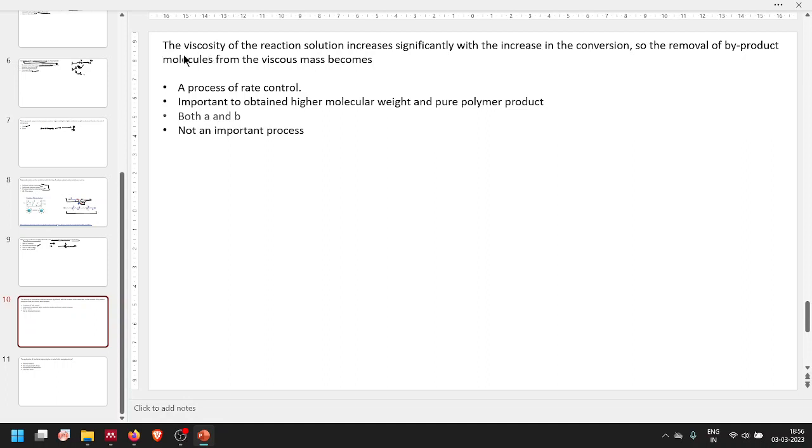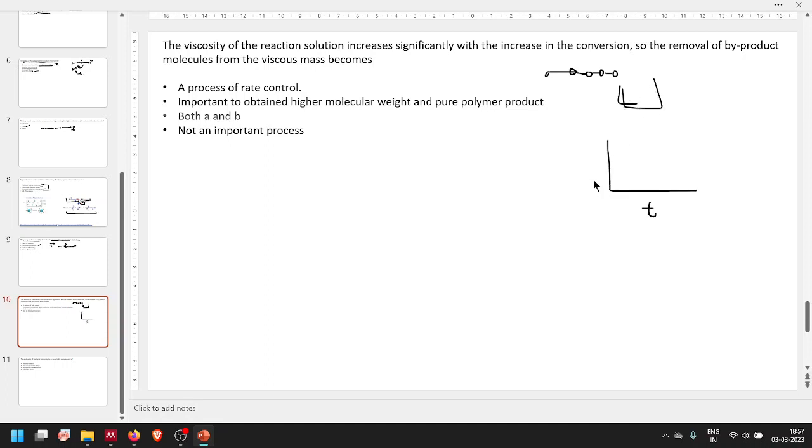So if we analyze this statement, viscosity of the reaction solution increases significantly with increase in conversion. This is a true statement, since as the reaction goes on, monomeric species will combine together to form long chain polymers, and as long chain polymers are formed, the viscosity of the reaction solution will increase continuously with time.